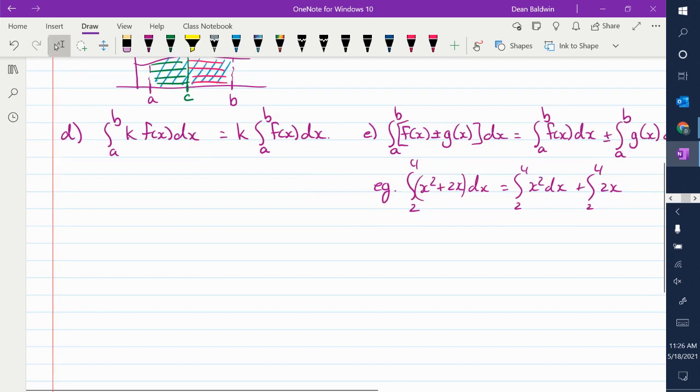And this isn't really a property, but I'm just putting it in here anyway, because it will come up. I'm going to use a specific example here. Negative 2 to 1, 2x.